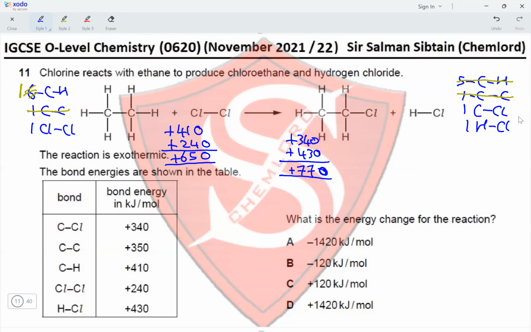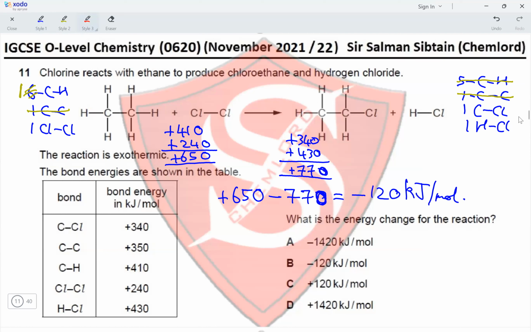So our calculation would be positive 650 minus 770. This will result in an enthalpy change value of minus 120 kilojoules per mole.